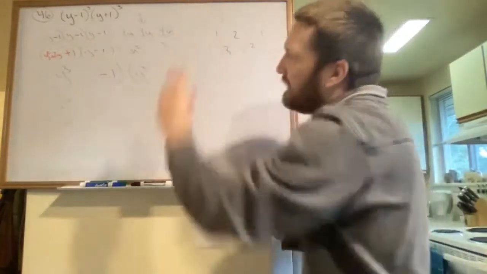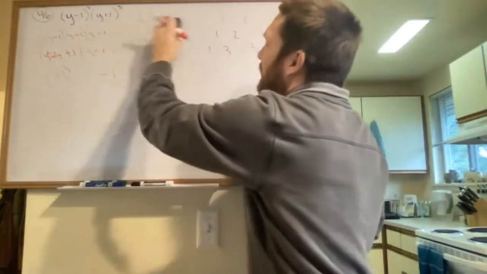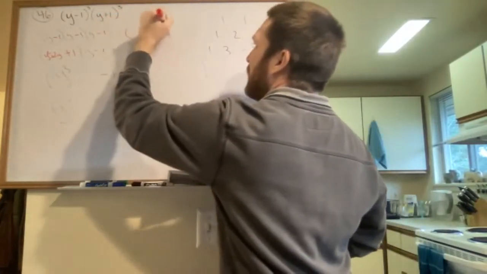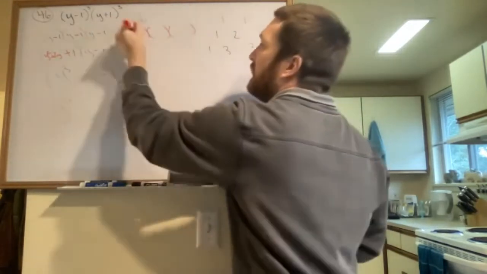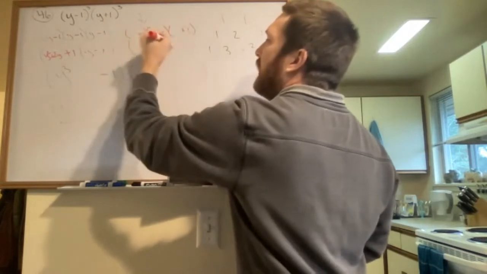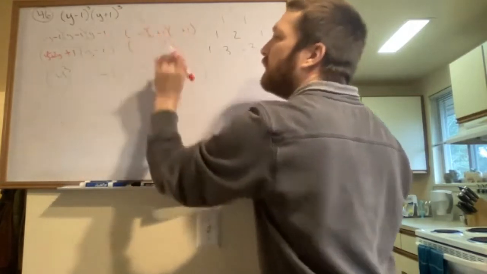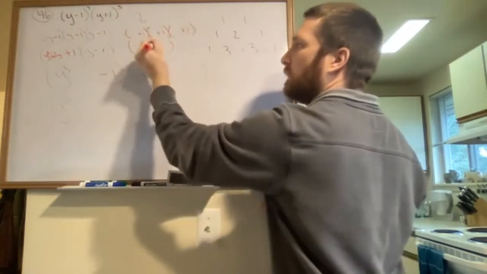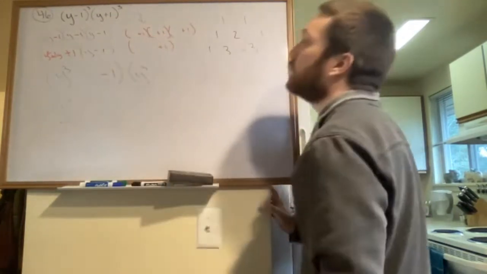I could play the same game over here and say, okay, when I do this right here, we're going to have something times itself 3 times. It's going to be a +1 in each case. And so I'll go first, outer, inner, last. And then when I do the last, the only thing that's going to be left over is the +1 and +1, leaving me a +1.